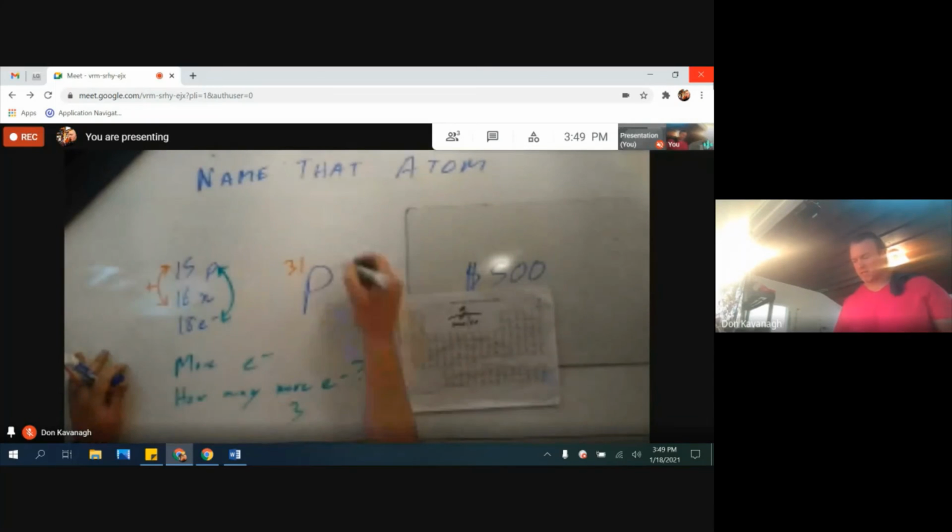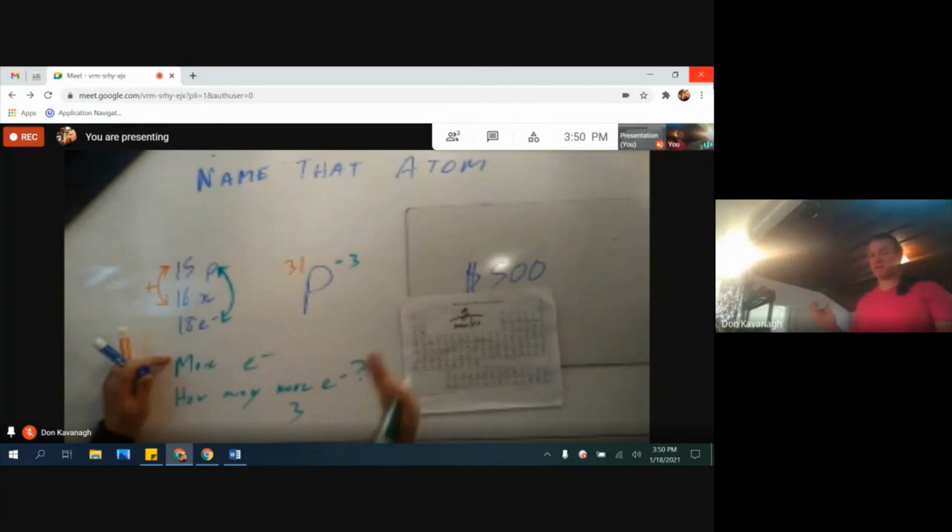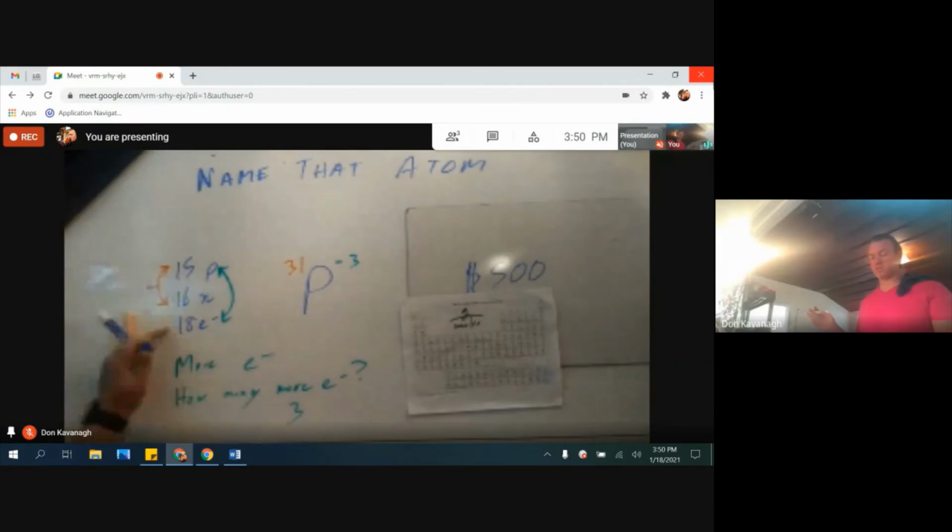So we have a -3 charge atom. This kind of series of questions, what I ask myself, comparing the protons and electrons, which do I have more of? I have more electrons, so it's going to be a negative thing. And if I have 3 more electrons, it's going to be -3.